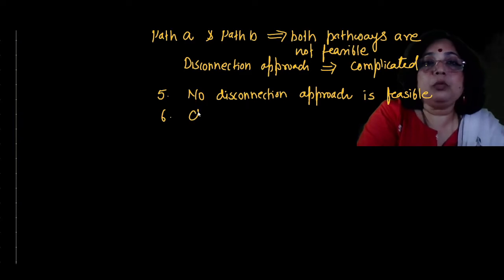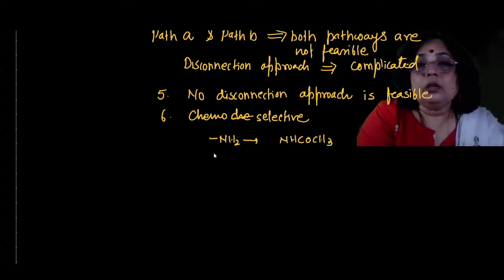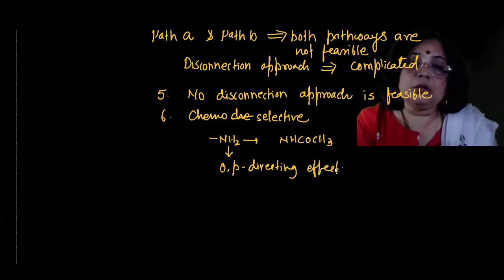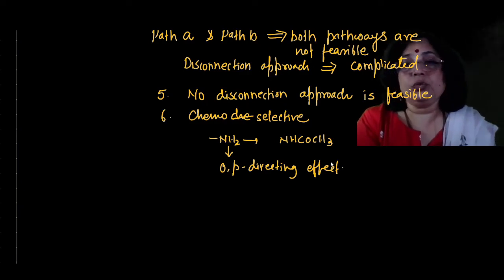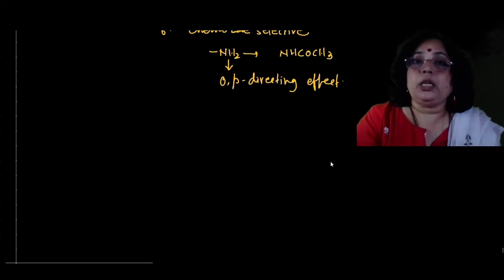The problem is the chemoselectivity. Because NH2 will be acetylated and you will get the NHCOCH3. Alright, NH2 is the ortho-para director, or it shows an ortho-para directing effect. So these are the two major concerns, major issues, so that we cannot synthesize the target material.